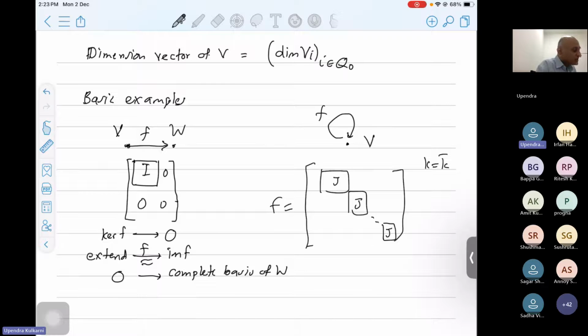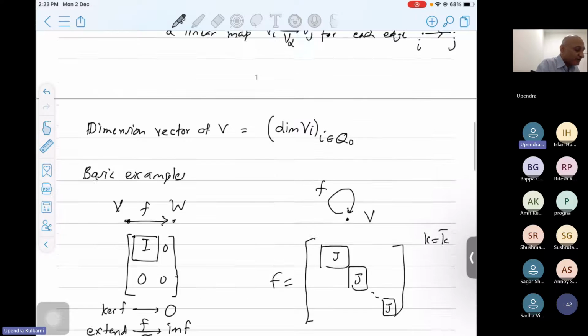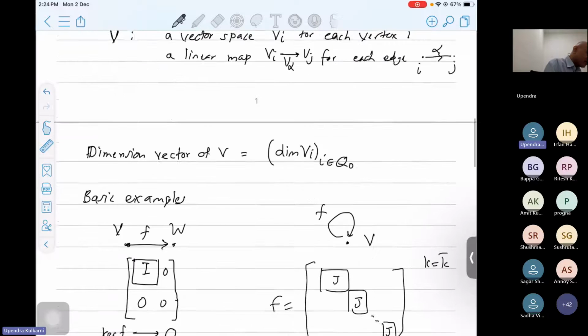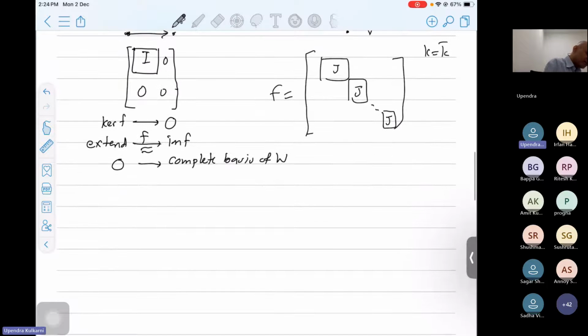In general, what we are going to see is that when you have a bigger quiver, you really are looking at a configuration of various vector spaces along with maps between those vector spaces. For example, you could have a single vector space and a bunch of subspaces of that. Let me draw this somewhere else.